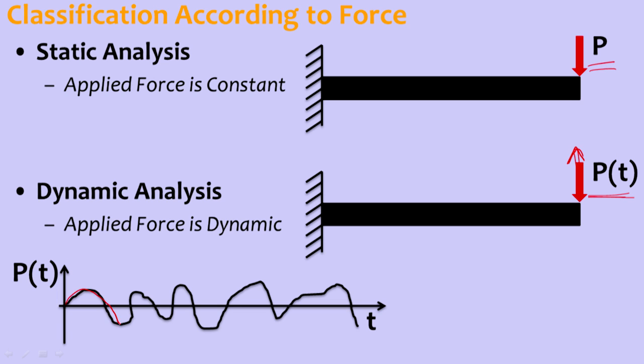This force is continuously varying. It can be as random as possible, but it is varying with time. The analysis in which force is considered as a varying force goes into dynamic analysis. The analysis in which force is static or constant is called static analysis. This is the classification of analysis according to the type of force.